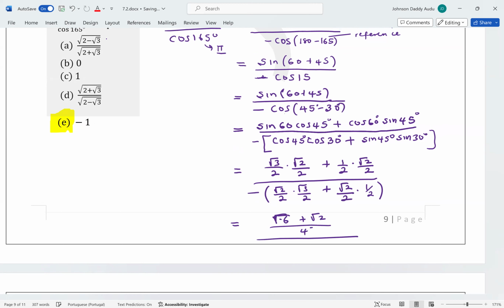And the denominator is also the same, but with a minus outside, which is root 6 plus root 2 also over 4. Now, everything will cancel, and your answer is just -1, because what you have in the numerator is what you have in the denominator, except that you have a minus outside. So the answer is just going to be -1.